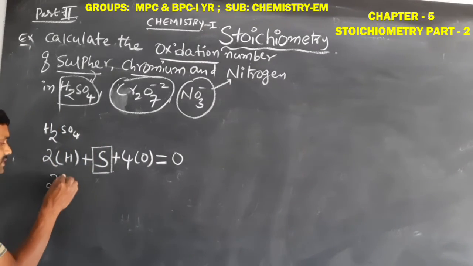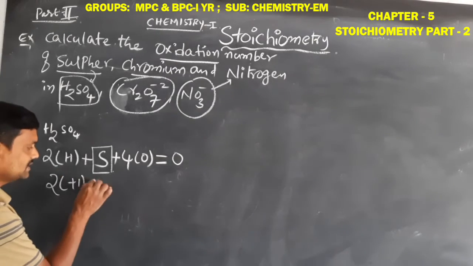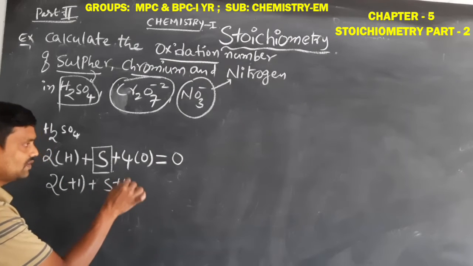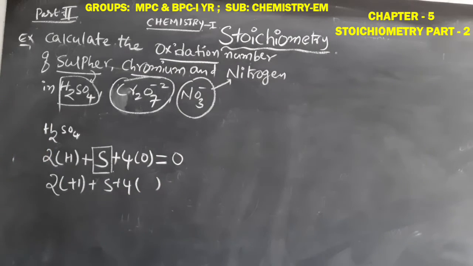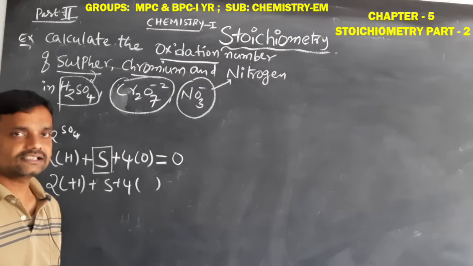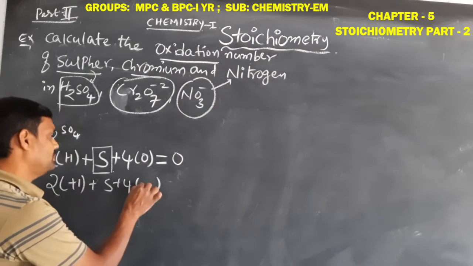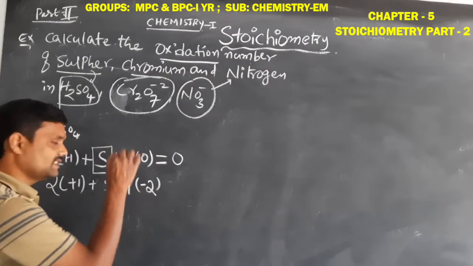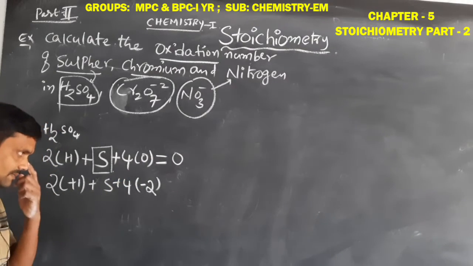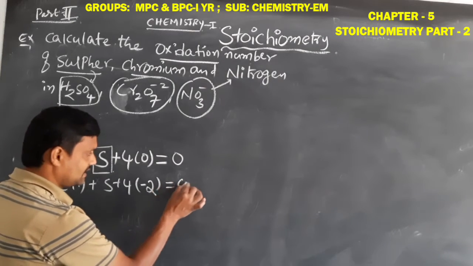So here we take plus 1 for hydrogen. For oxygen, we learned the oxidation number is minus 2 in normal covalent compounds, and rarely minus 1. In most compounds we substitute minus 2. So the remaining is 0.